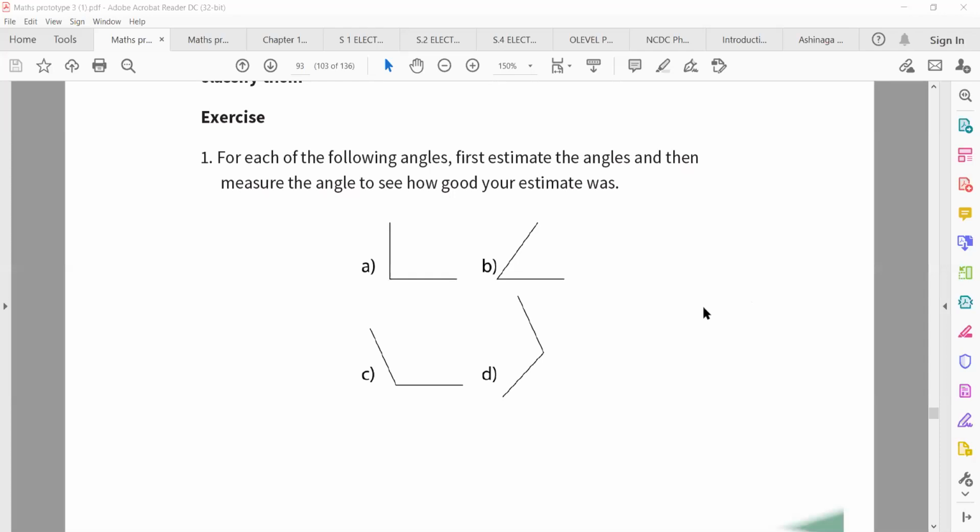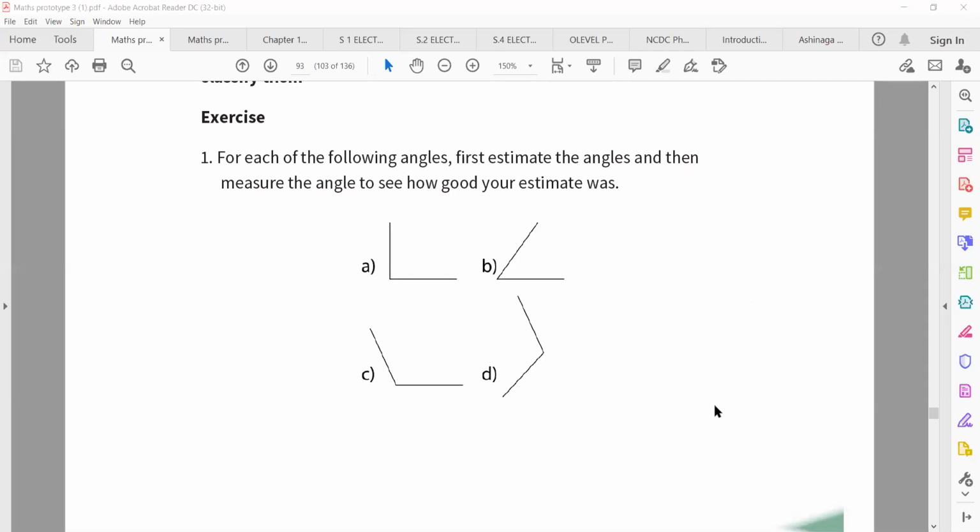B is 45 degrees. Can I hear from Marjorie Namagembe? C, what angle do you think that could be? Marjorie? Seems that one can't get through.